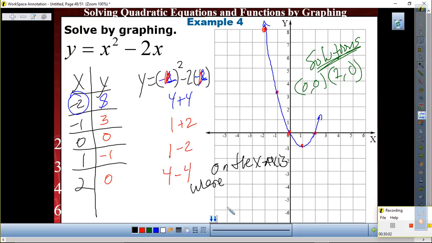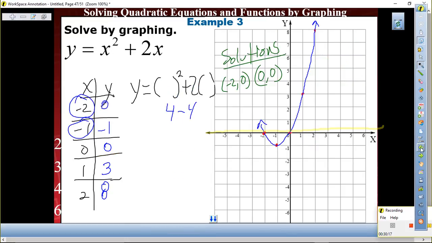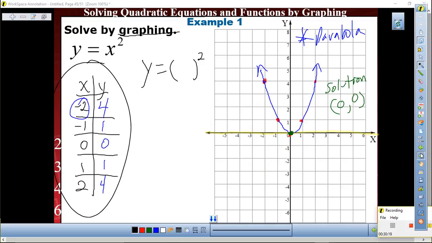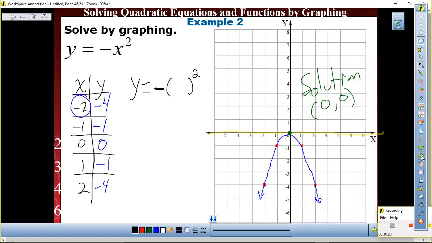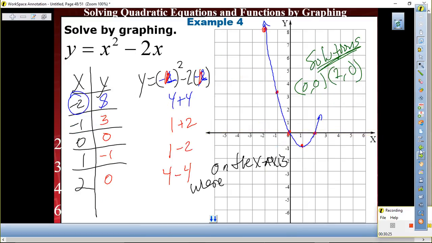Who can elaborate some more? On the x-axis where what? Let me go back to the other one so you can see them. Where what?